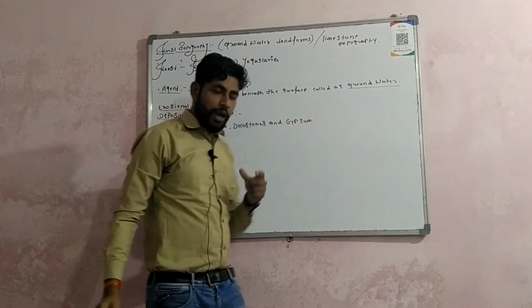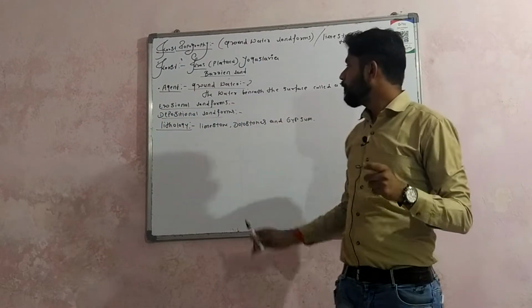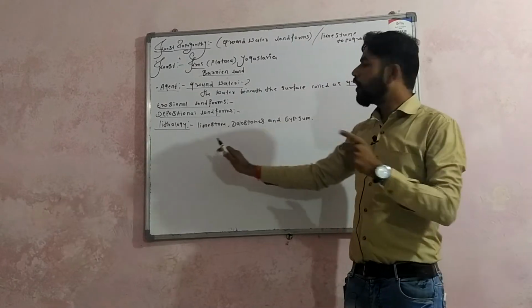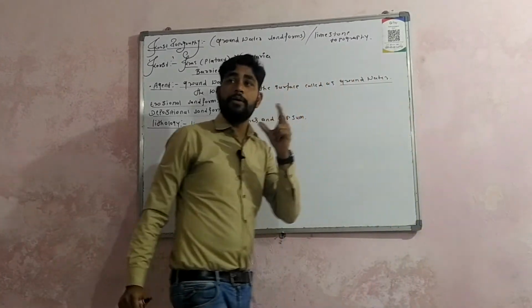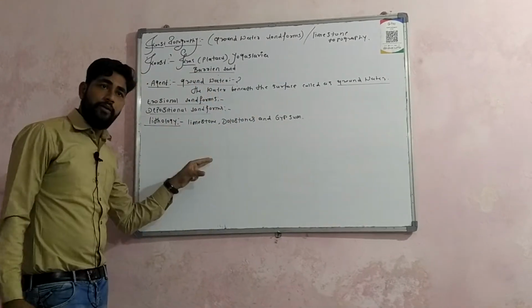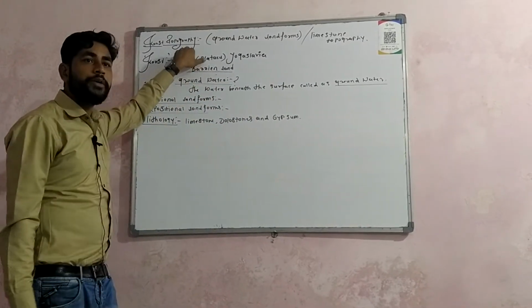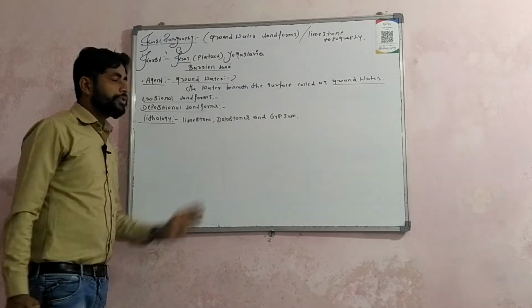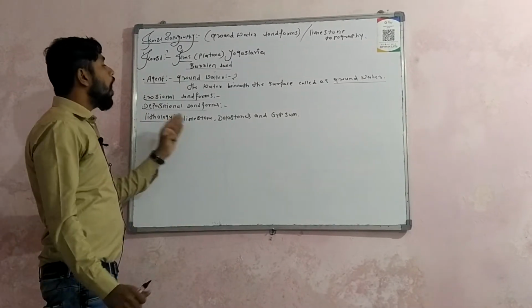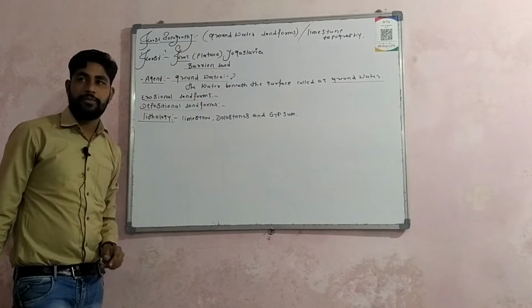Means an area having limestone or dolostone or gypsum is favorable for karst topography. There is a presence of limestone, dolostones and gypsum, so all are applicable for karst topography.